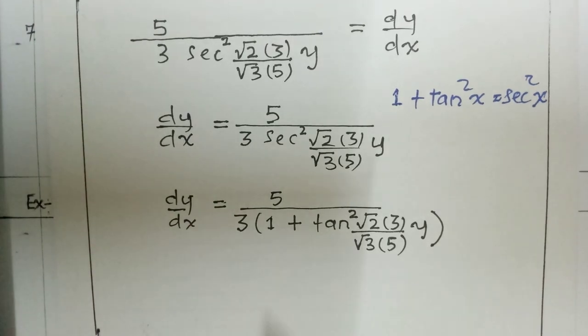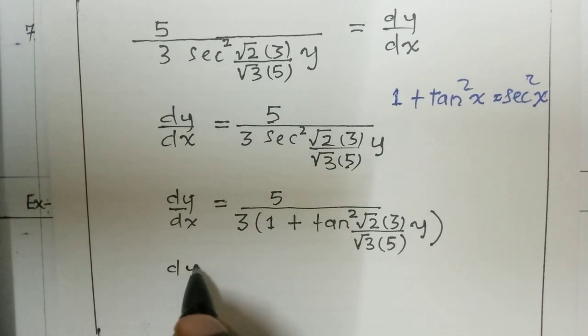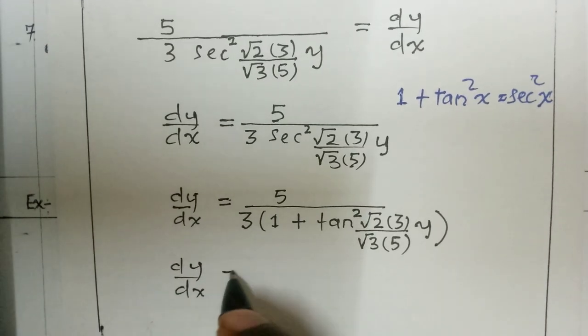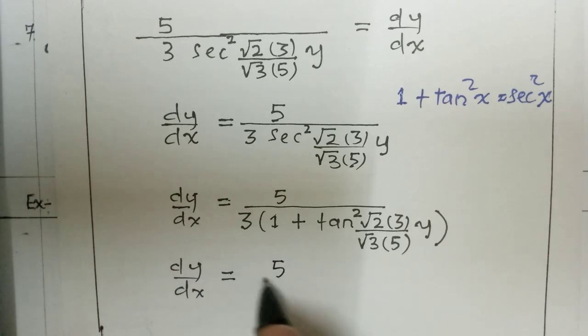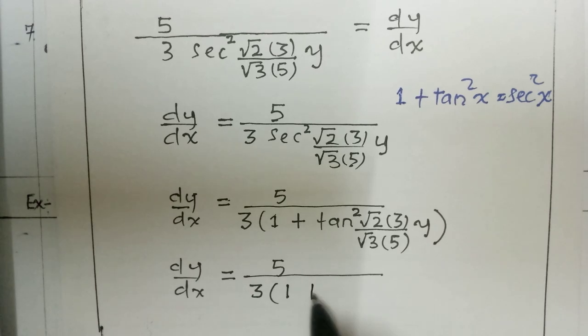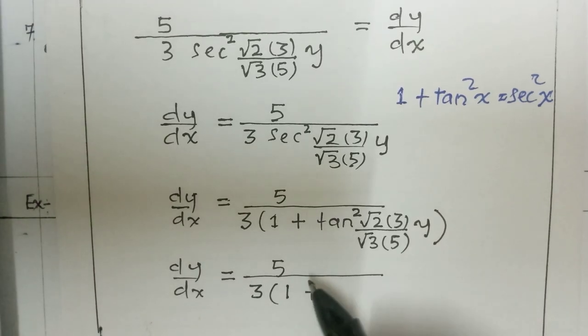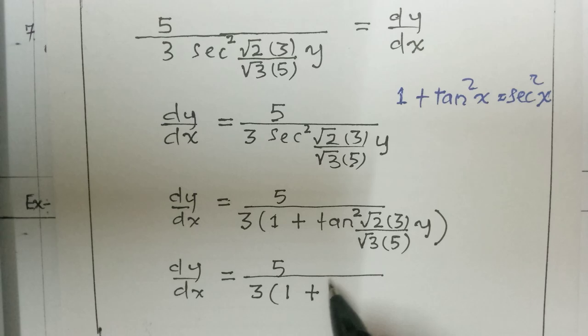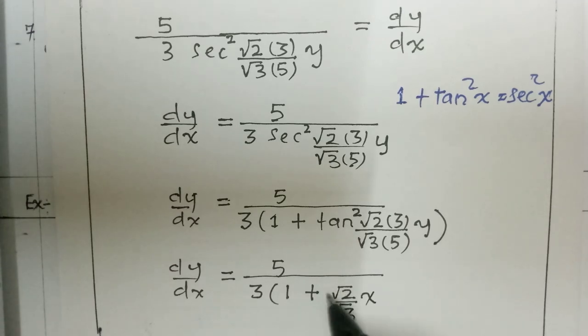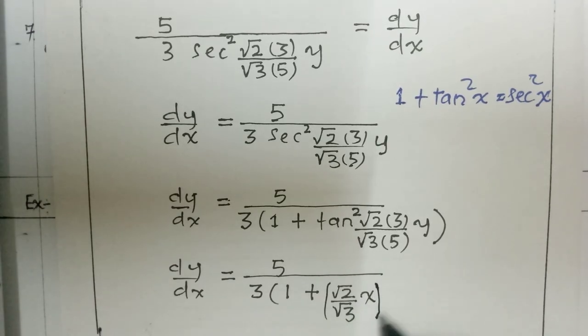And so when we replace that, this is what we are now going to get. You'll have dy all over dx. This one is equal now to 5, put there 3, then 1 plus now our replacement, which is now square root of 2 all over square root of 3 x, the whole of this is supposed to be squared, like that, guys.